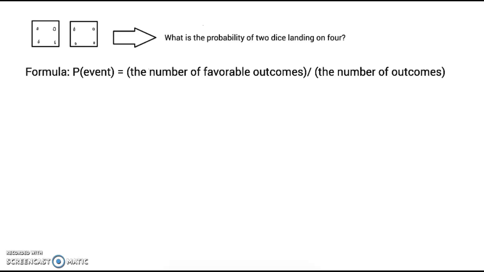Well, we can plug in all the values into a formula we learned in our last video. The formula is P, which is probability, of an event is equal to the number of favorable outcomes divided by the number of outcomes. When we plug in the values of this problem into the formula, we'll find out the probability.